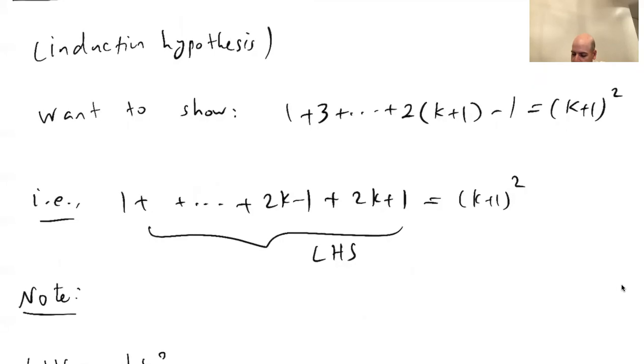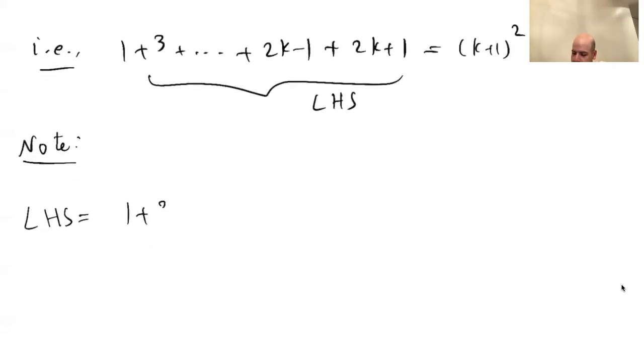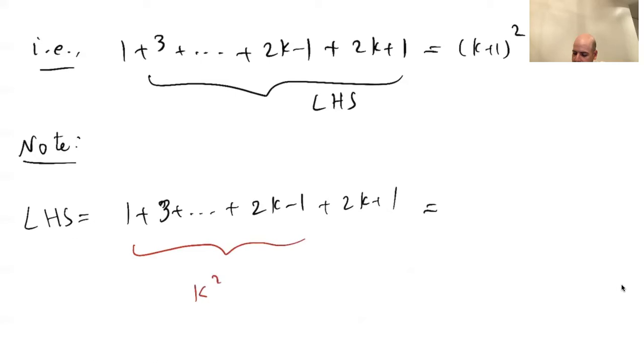So 1 plus 3 plus 2k minus 1 plus 2k plus 1 is equal to, now this part here is k squared, right?